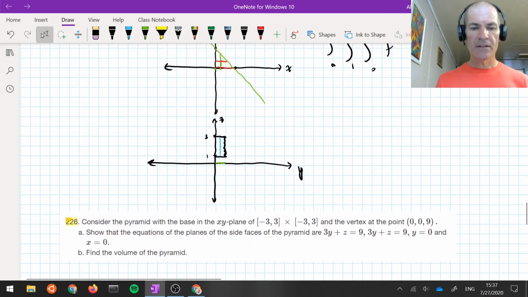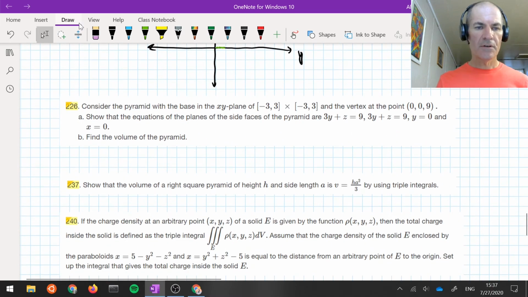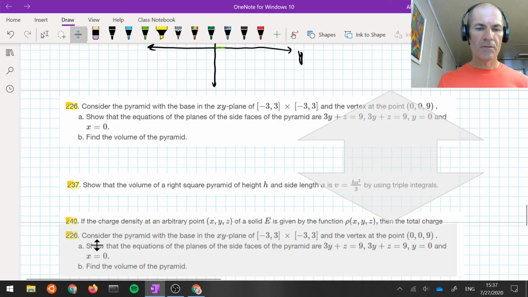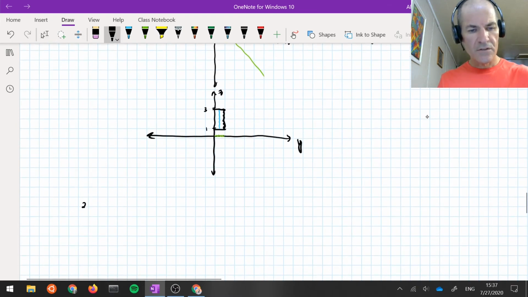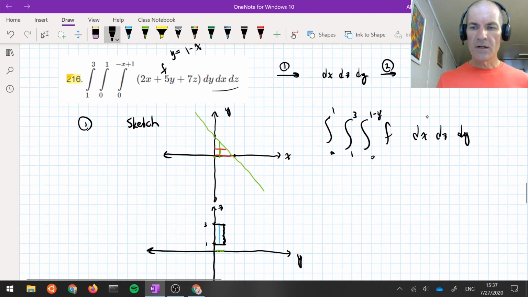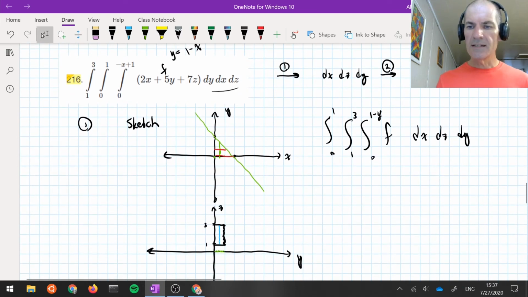Let's do the second circular permutation. All right, in the second circular permutation, we're doing dz, then dy, then dx. Honestly, if we look at this figure, z is still going to go from 1 to 3.